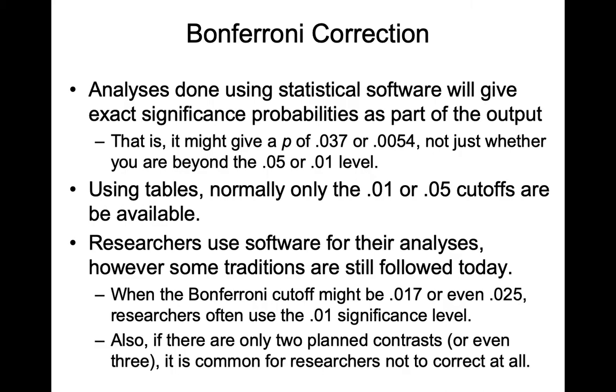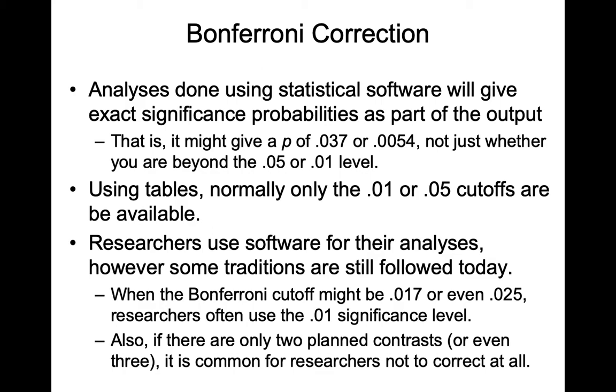Also, by convention, if there's only a small number of planned contrasts, even 3, it is common for researchers not to correct at all. So again, if it's post hoc and after the fact, you should absolutely correct. If you're doing multiple planned comparisons, if you're only doing a small number of these planned comparisons, most people say we don't need to correct at all, because after all, they're planned.